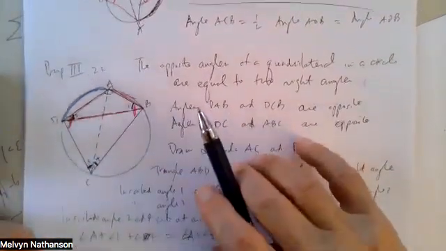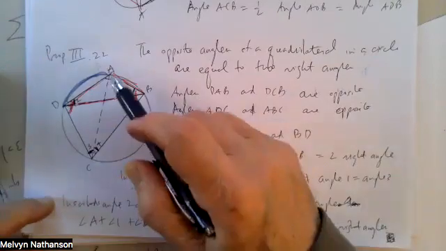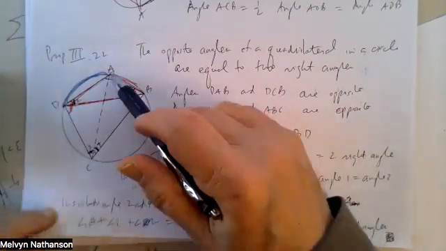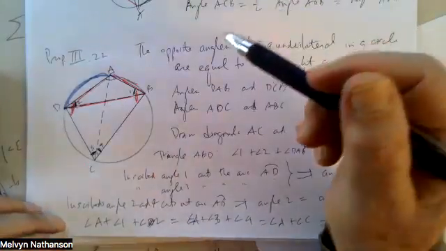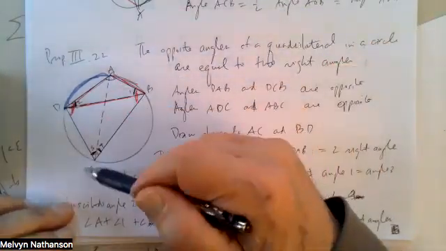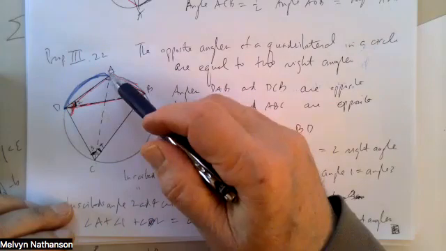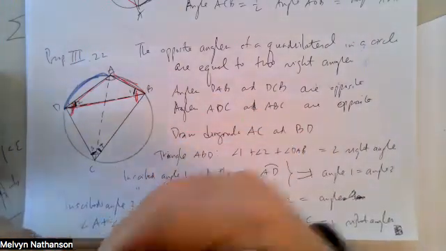So to prove our theorem about quadrilaterals, we take a quadrilateral and we want to show that opposite angles add up to two right angles. So A and C are opposite angles. We want to show that A plus C equals two right angles.